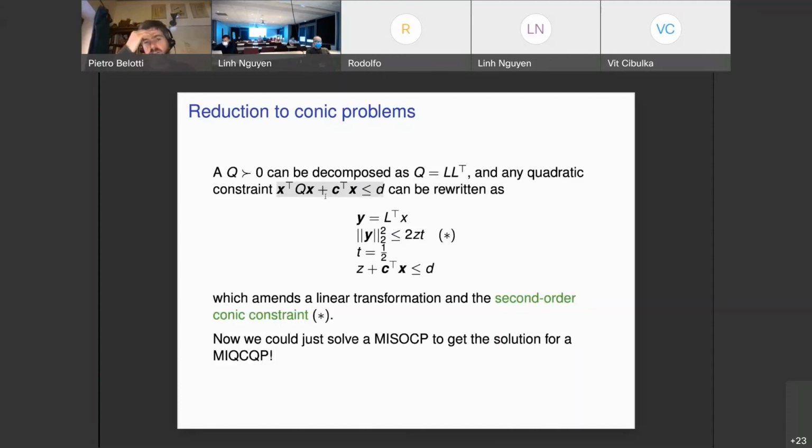And in fact, you're going to have a lot of such constraints, at least one in every branch and bound node, all of them having n variables, where n is the number of x variables, right? This is really bad for simplex methods. If you fill up the simplex method with a problem that has very dense constraints with a lot of variables, the simplex method is not going to like it.